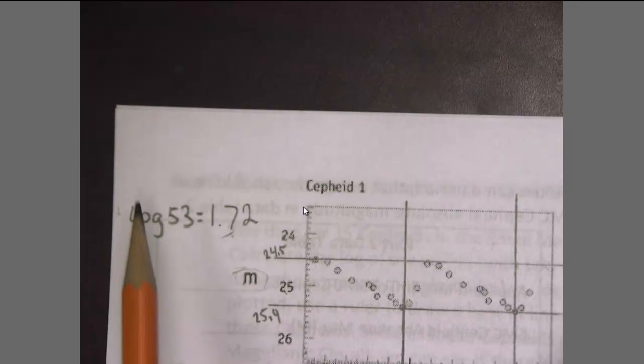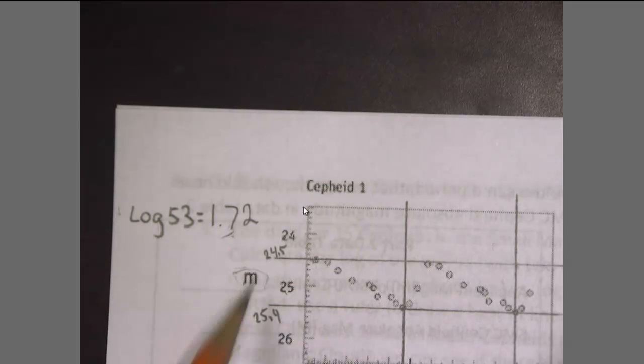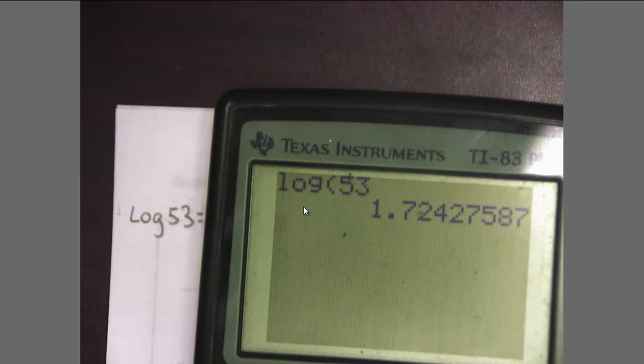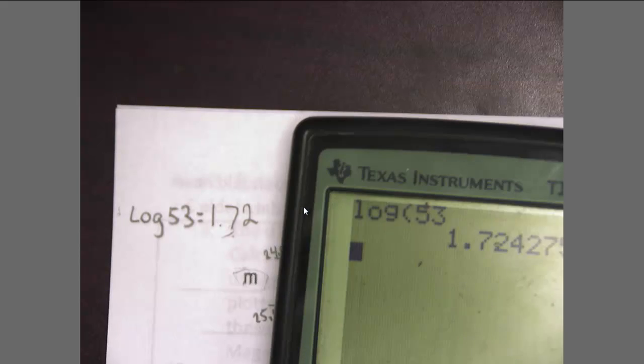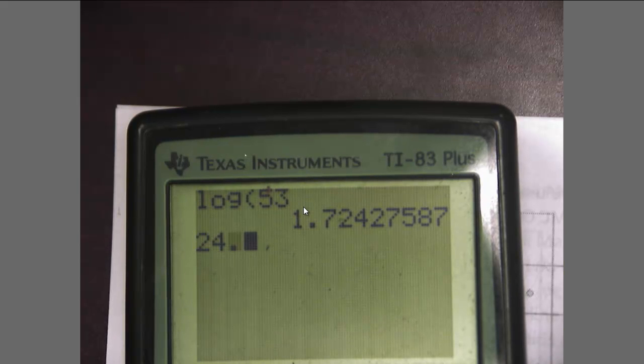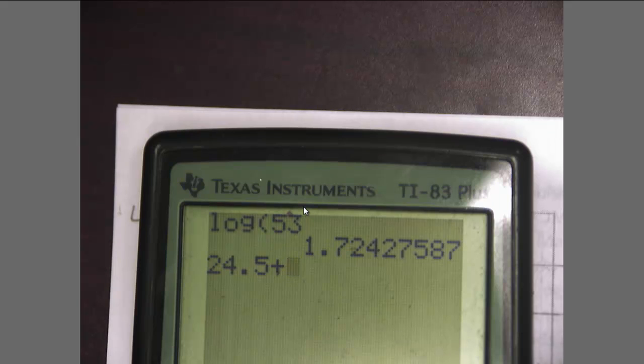25.4. So the average of those two, all right, if you want to calculate the average, I'll show it up here. Some people ask. So we had an apparent brightness of, make sure that, 24.5. And you add the other one, 25.4.